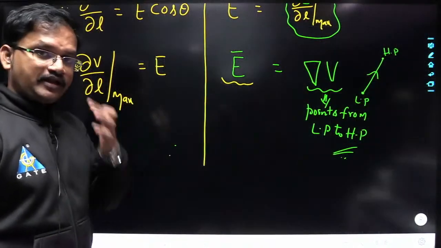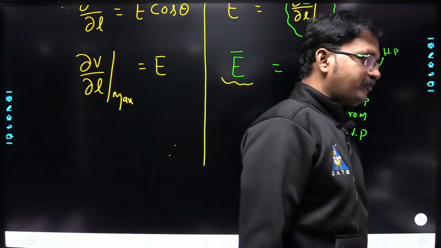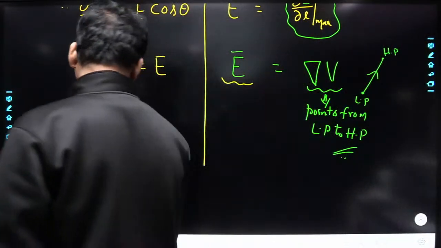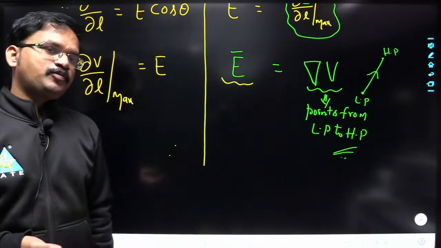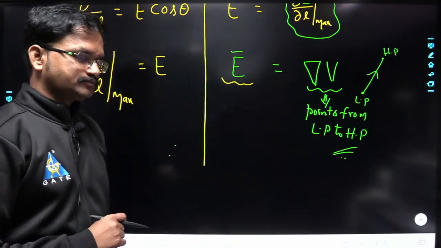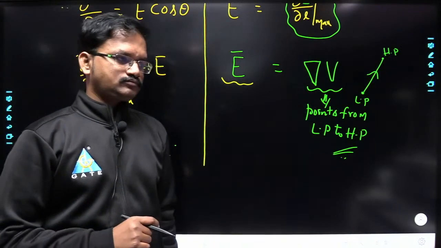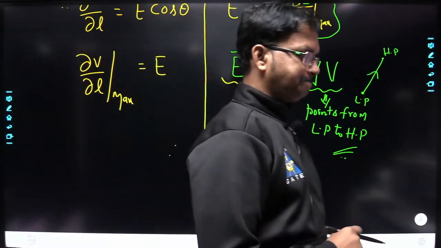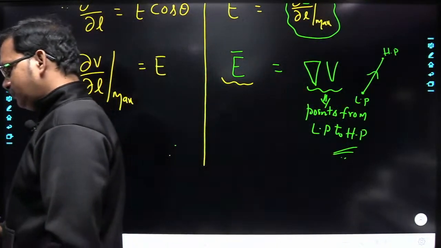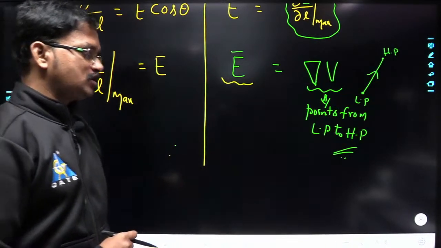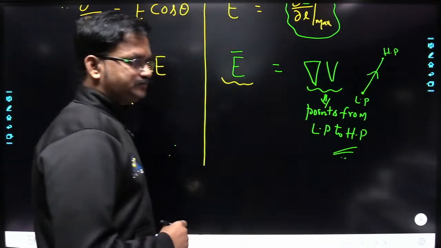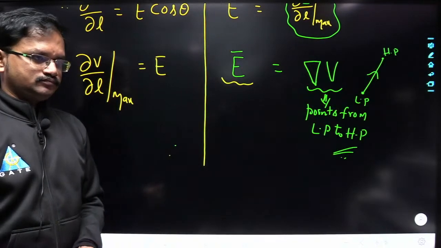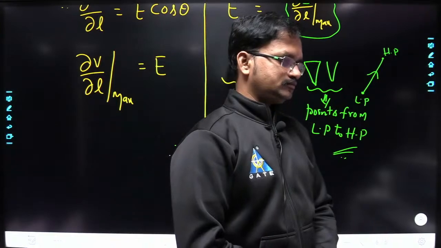Will electric field point from higher potential to lower potential, or from lower potential to higher potential? Tell me here.